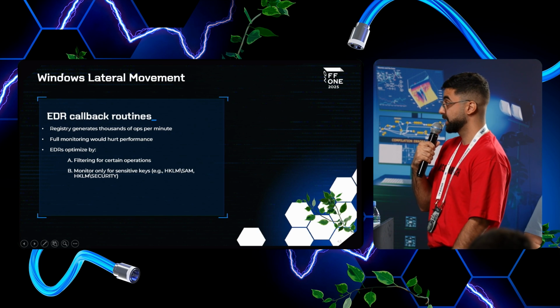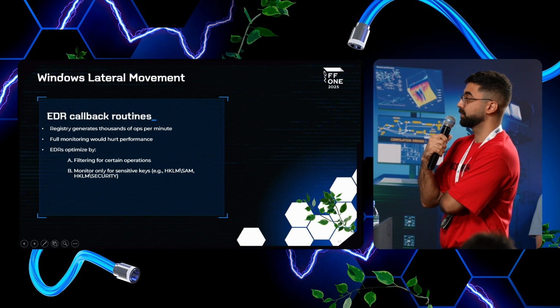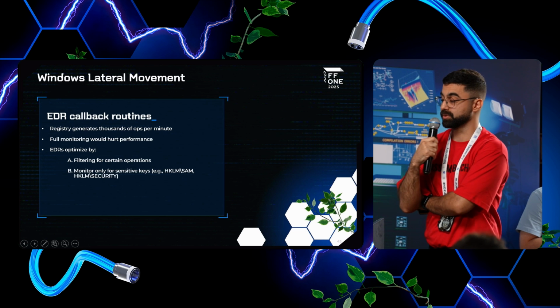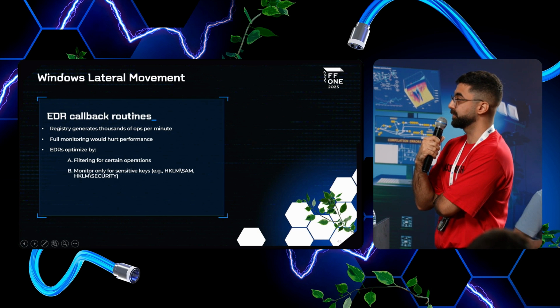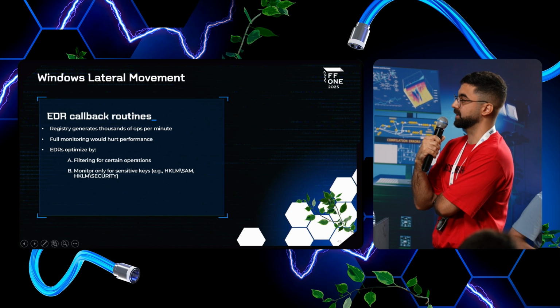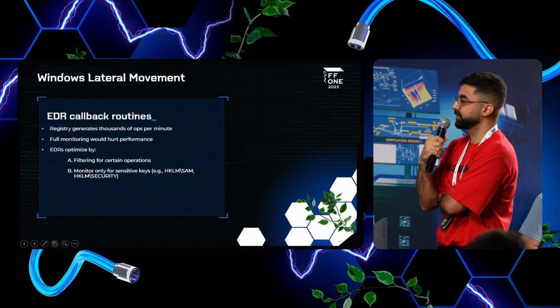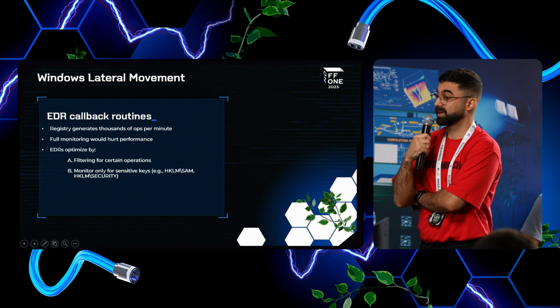But the interesting thing about registry callback routines is that the registry in an idle Windows system generates, I think, 22,000 operations per minute. It's too much, and if they want to monitor all the events, it will hurt performance. So EDRs have two layers of filtering.